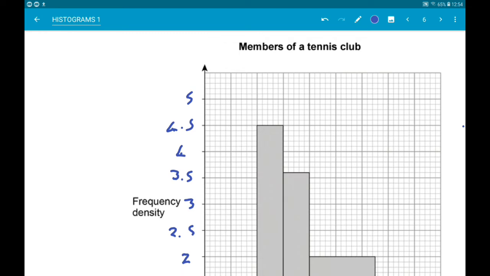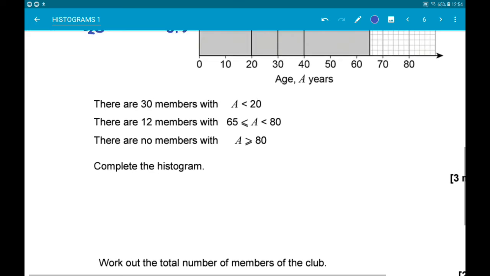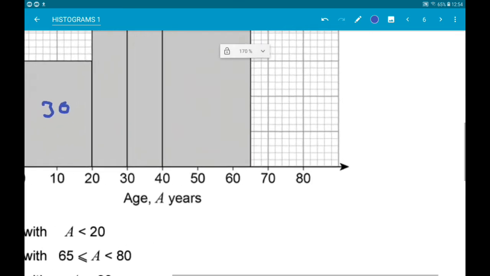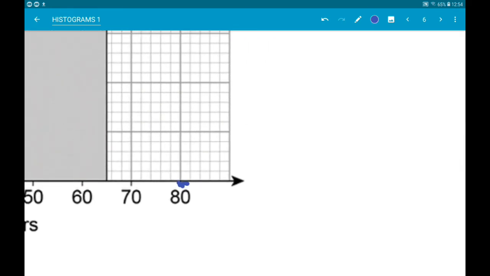Now that we have the frequency density, we can work out how to draw the final bar. There are 12 members with age from 65 to 80, so we want to draw it up to 80. This time we know the frequency density times 15 is 12.